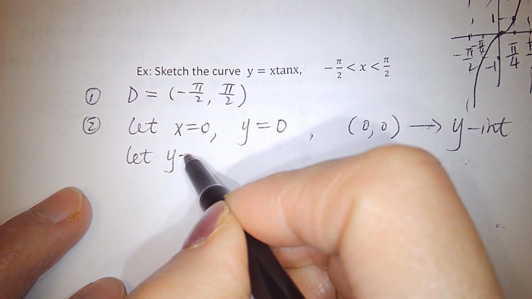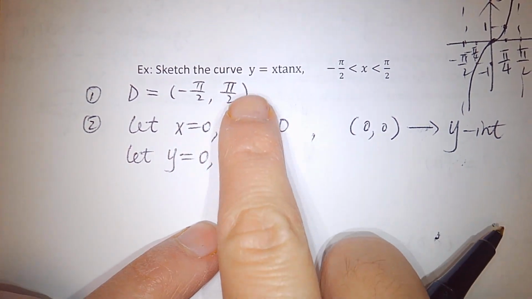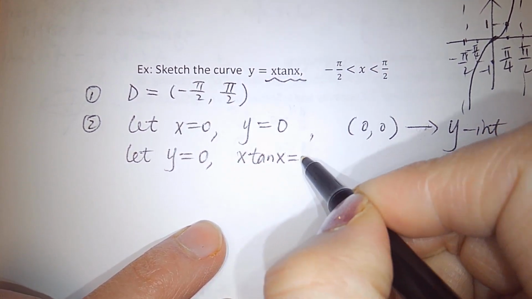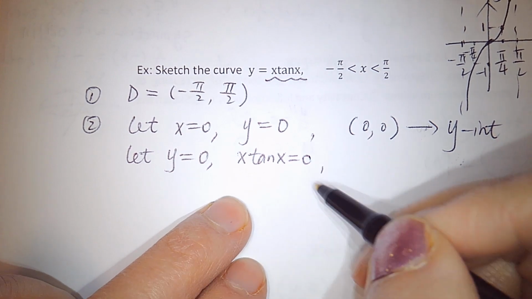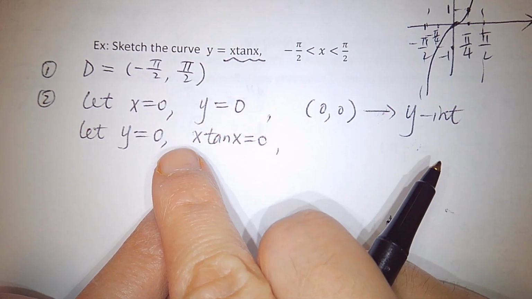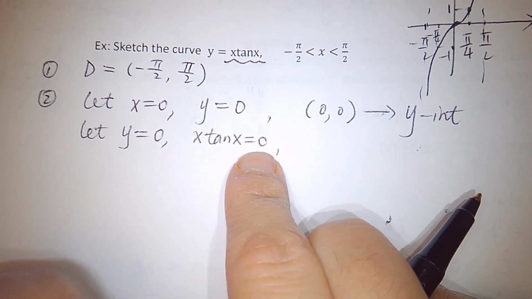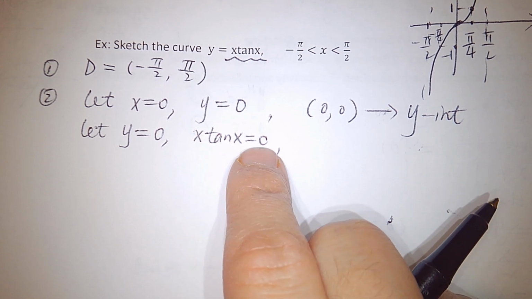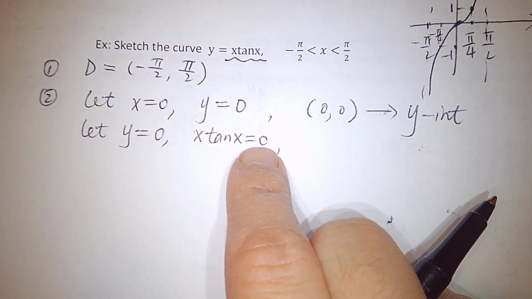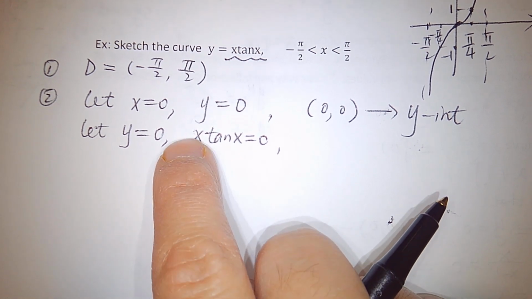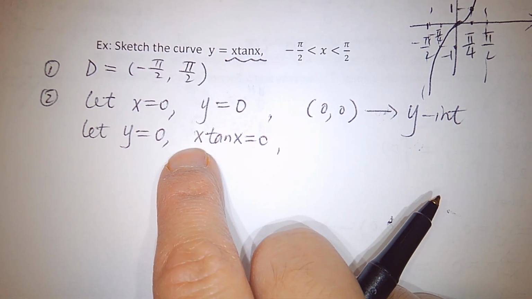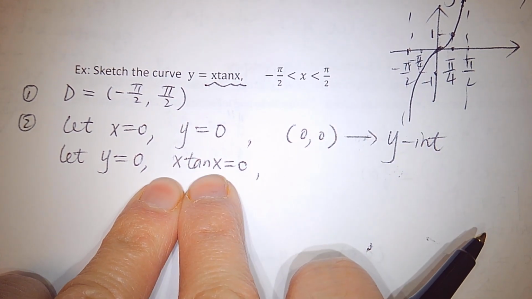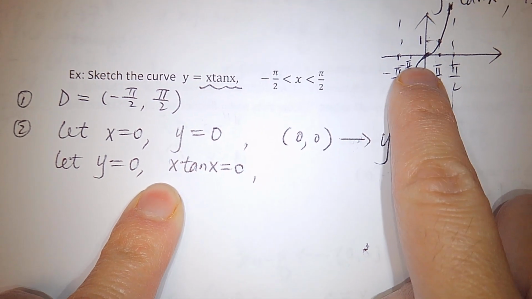And let y equals 0. That means x times tangent of x equals 0. So solve for x. Where x will make x times tangent x equal 0? Can we choose x positive? If x is positive, tangent x will be positive, and positive times positive is positive.